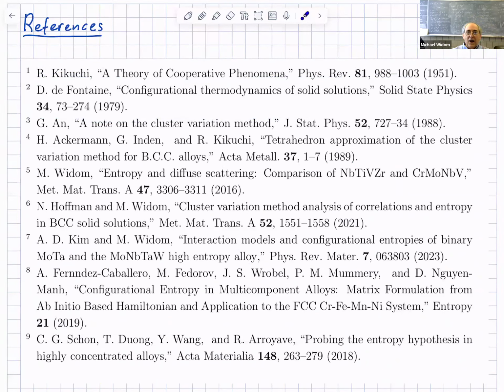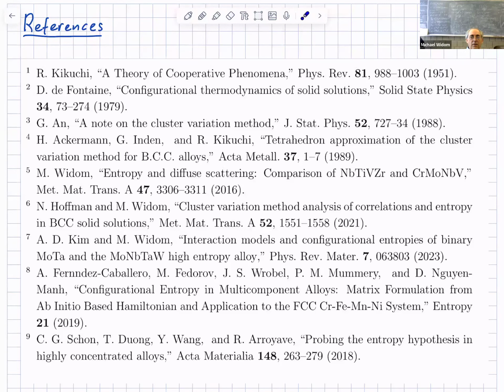A little bit old now, but still quite excellent. They also did some work, and they proposed on the basis of somewhat intuitive notions what the proper sequences were for several interesting lattices.